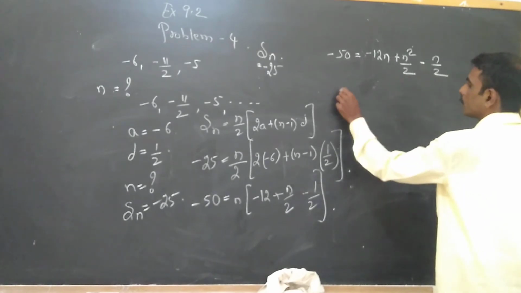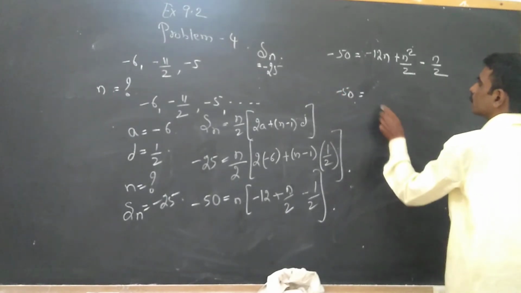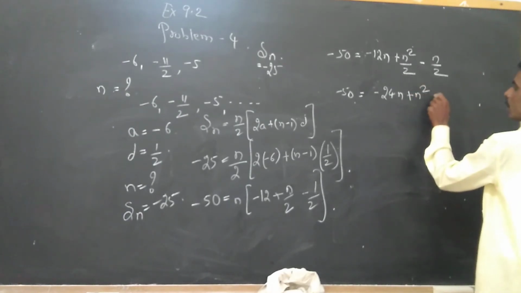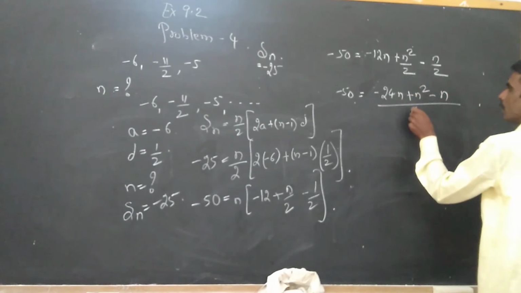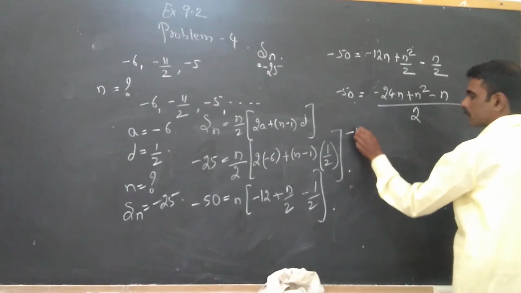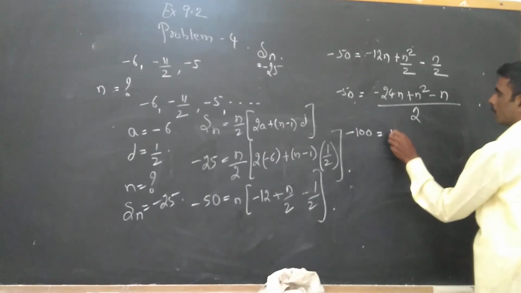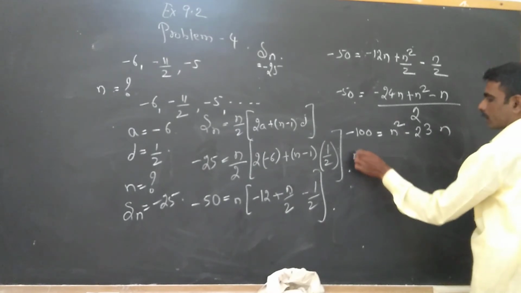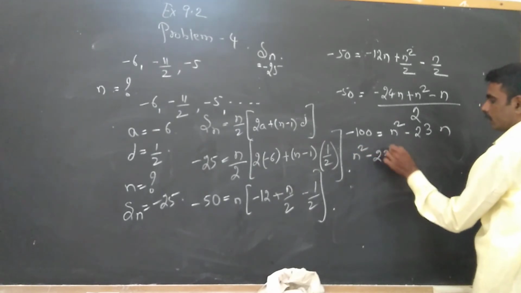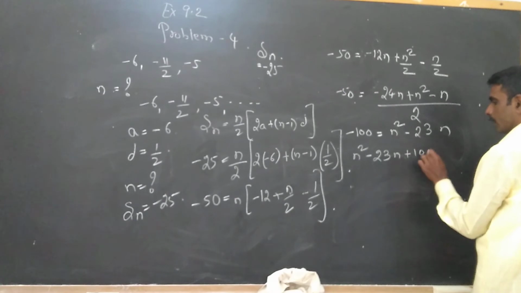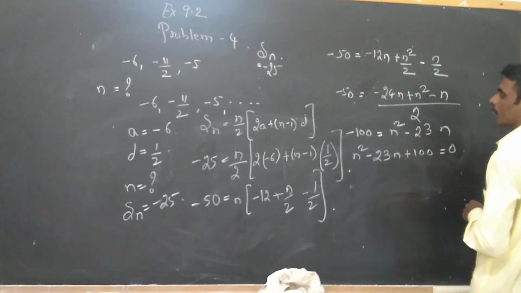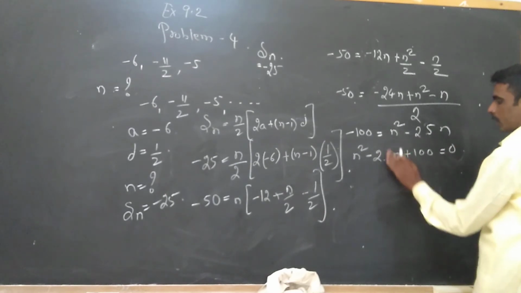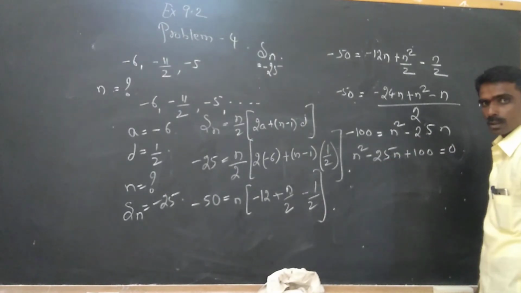Again 2 happens to be the LCM. Minus 50 is equal to minus 24n plus n square minus n divided by 2. So minus 100 is equal to n square minus 25n.